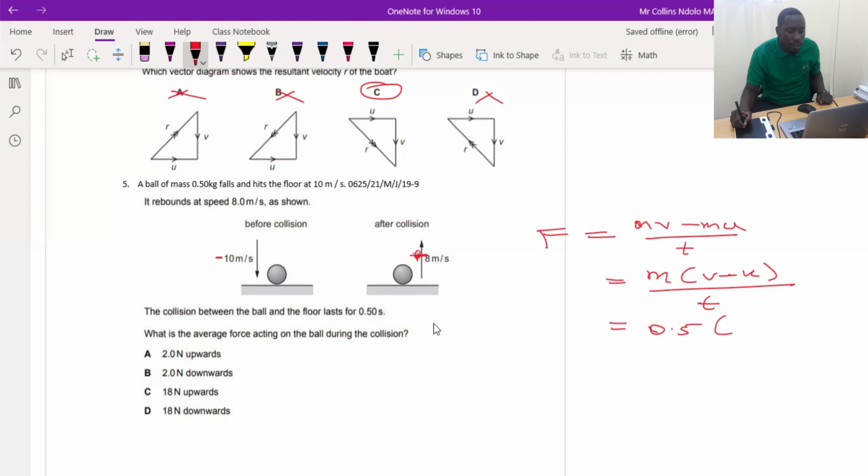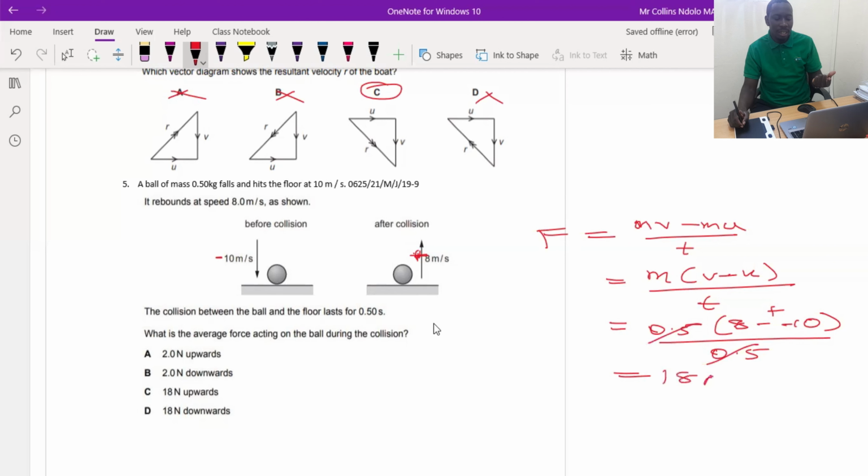V, our final velocity, is 8, which I've taken to be positive, minus negative 10, and this divided by time, which is 0.5. So I will have 8 minus negative 10. This becomes a plus, so that will be 18. 18 times 0.5. Of course, this 0.5 cancels this 0.5. That means our answer is 18 newtons.